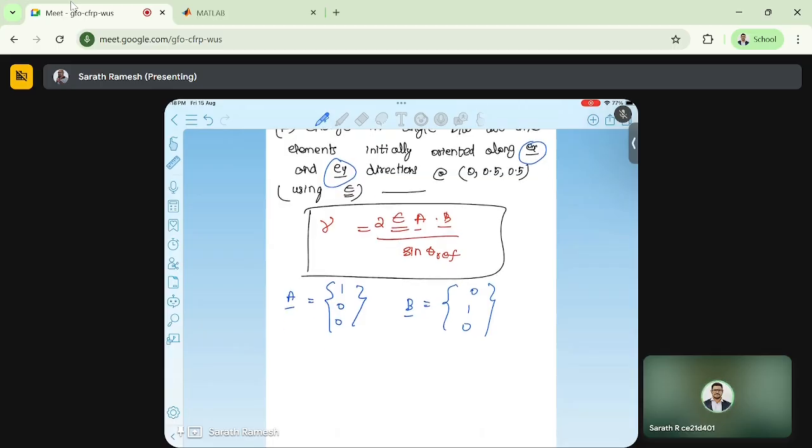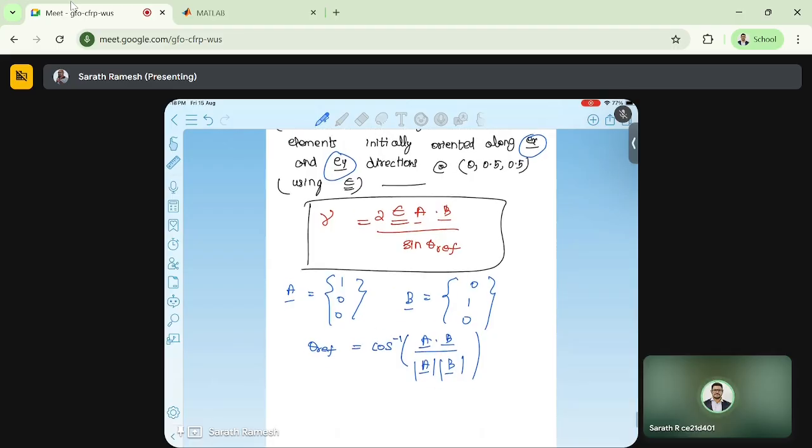Okay. Now, what is theta ref? How will we find theta ref? Same, using the definition of dot product, we can find cos inverse of A dot with B divided by mod A mod B. So mod A mod B is 1.